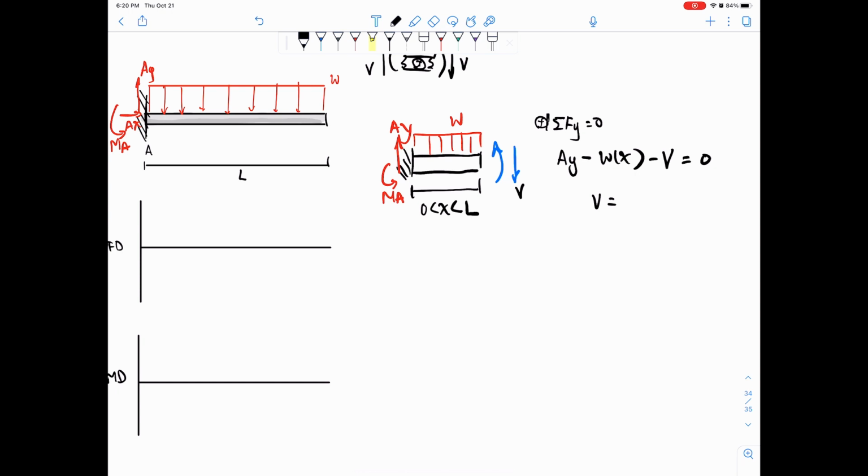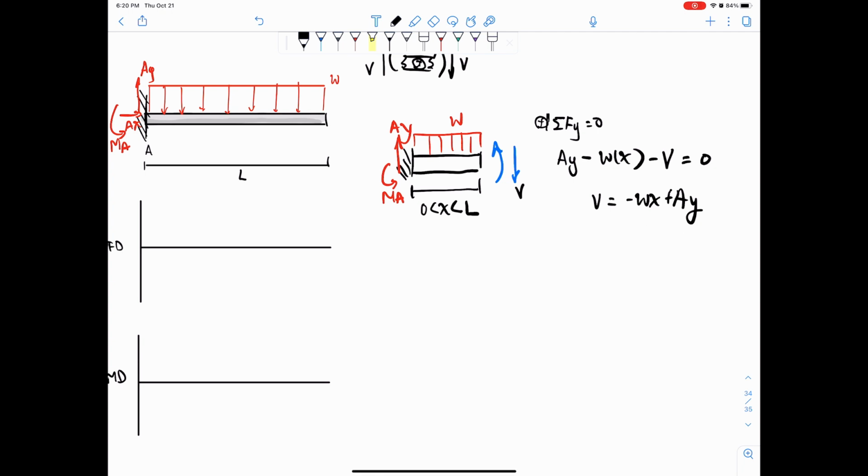So V equals AY minus WX. Now you're looking at this and you're like, what does that mean?